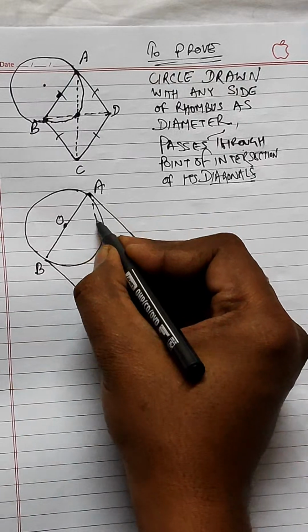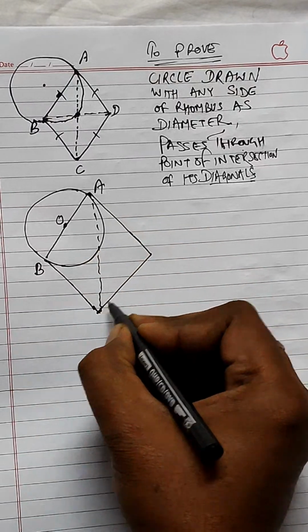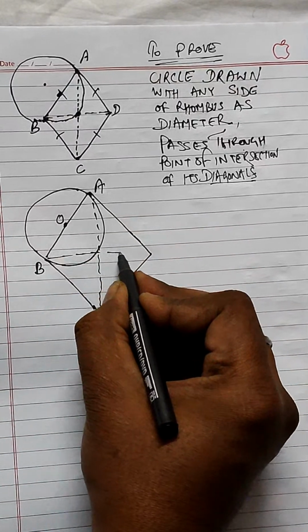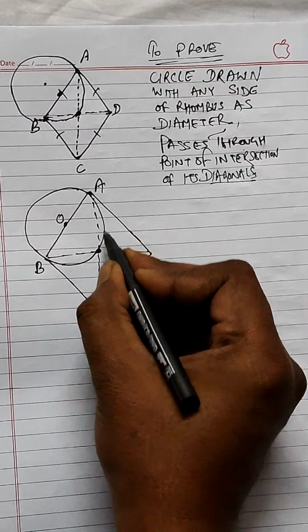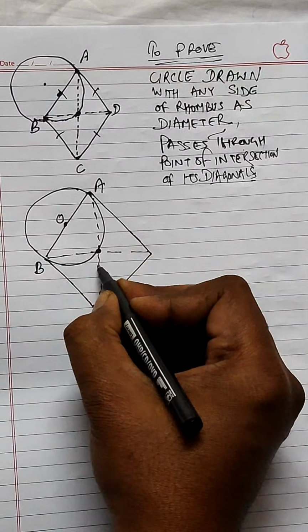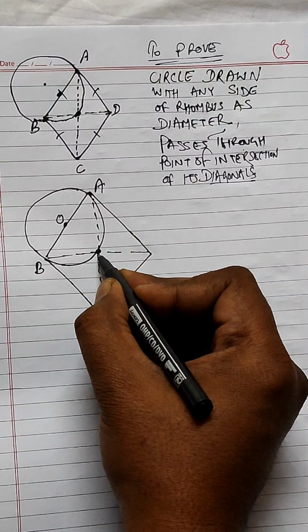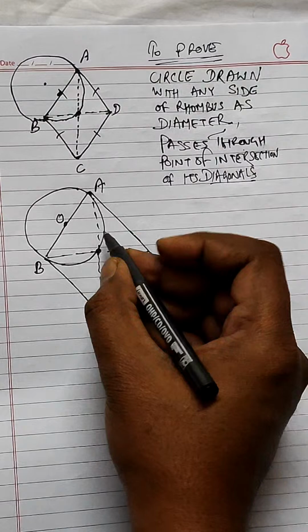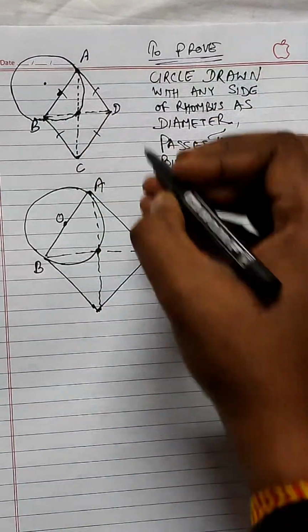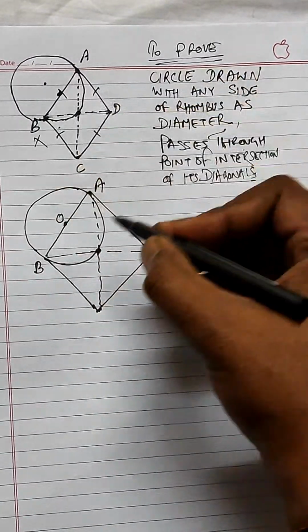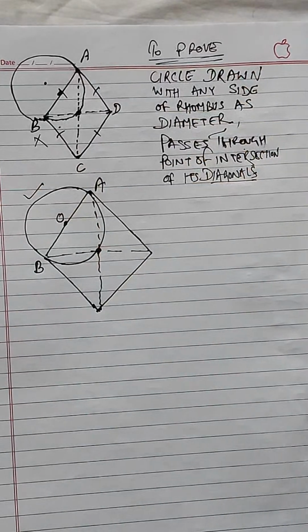Then these are the diagonals. So we need to prove that this circle is crossing through this point of intersection of the diagonals. Okay, this is not a good figure, so let us not consider this figure, just consider this one, right?